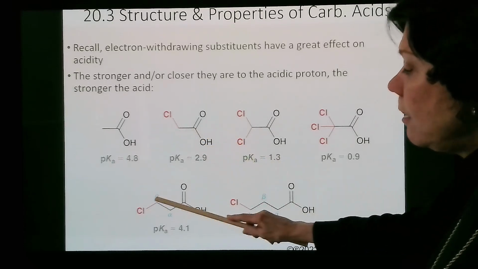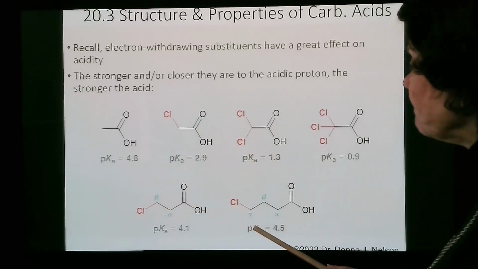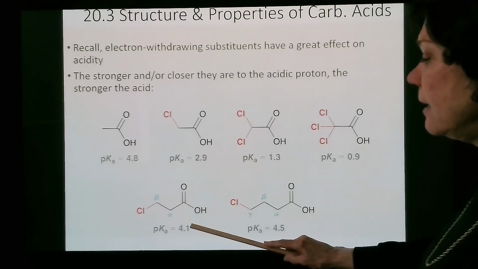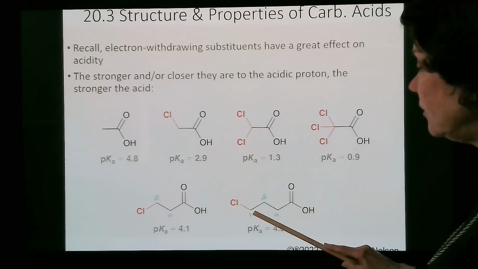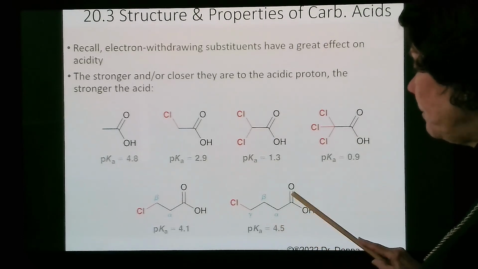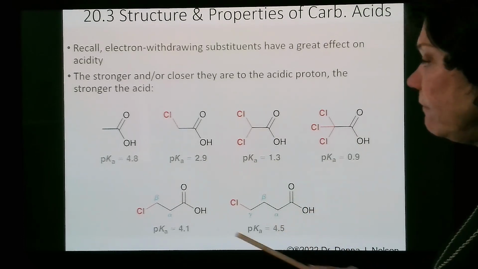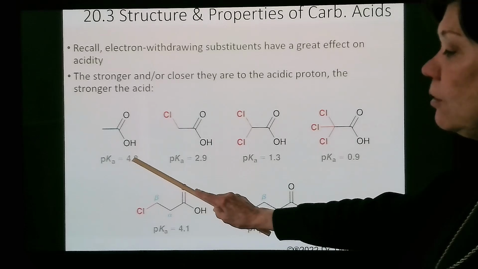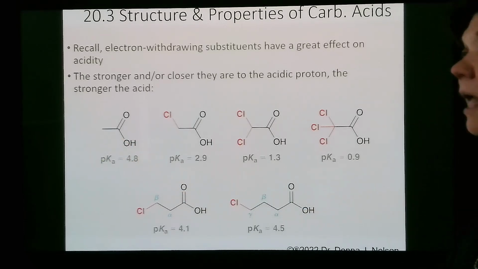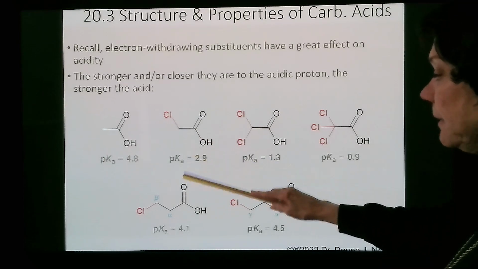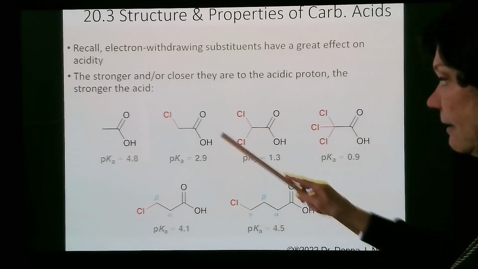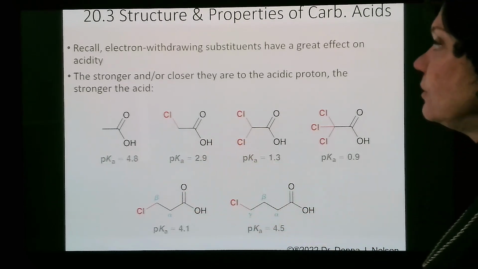As the chlorine moves farther away, the pKa increases, and when the chlorine is in the gamma position, the pKa of this molecule is 4.5, which is very close to the pKa of the molecule having no electron withdrawing groups at all. So you can see the proximity effect demonstrated nicely in these three molecules.